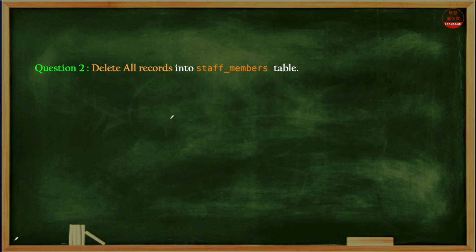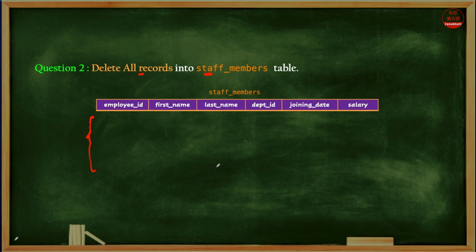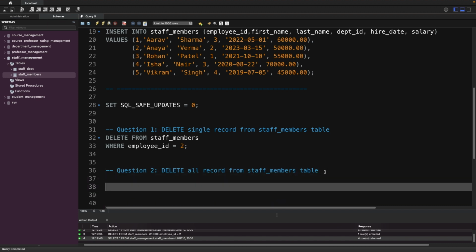Now, in the second question, we have been asked to delete all the records in the staff member table using the DELETE FROM statement. So we'll delete all these records. How to do that?